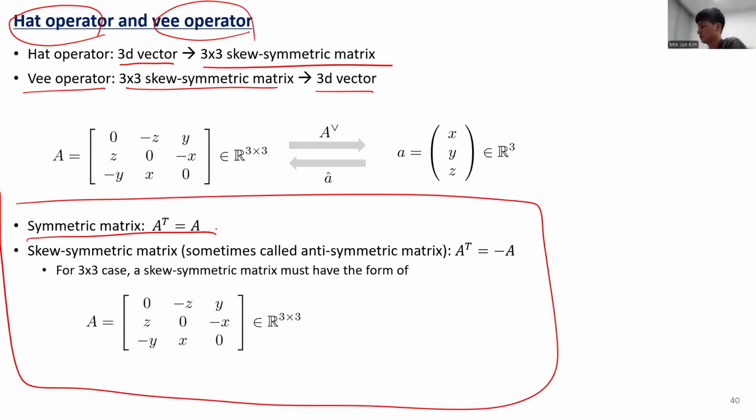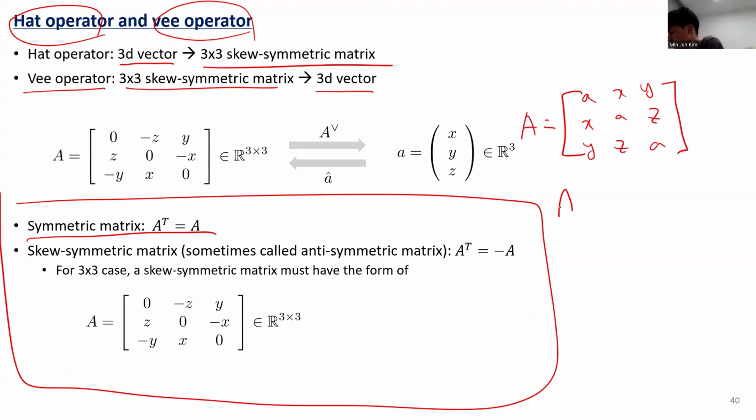Symmetric is easy. So if you have, let's say, a matrix A with entries x, y, z, then its transpose is again the same matrix, right? So these two are the same.